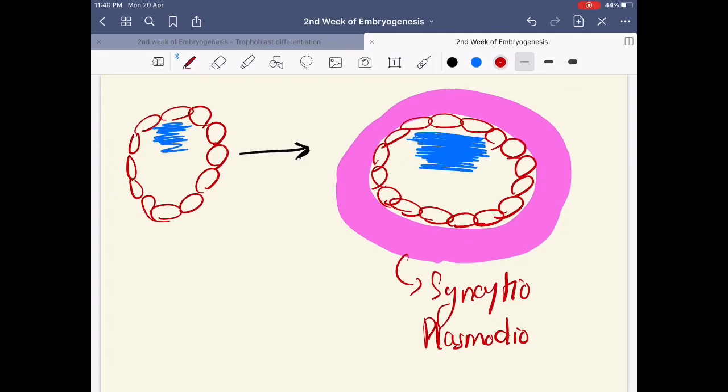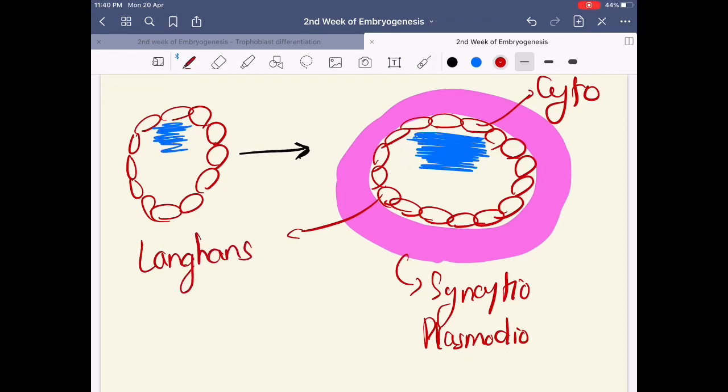And the cells that are within are called cytotrophoblast. They are also called by another name. They are called the Langhans layer. This is the same as cytotrophoblast.